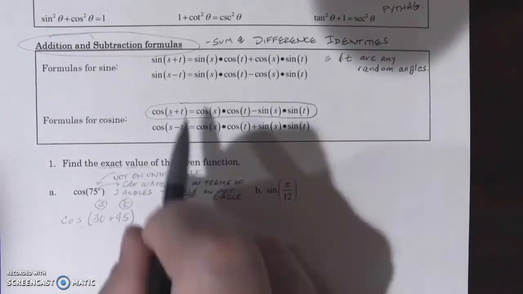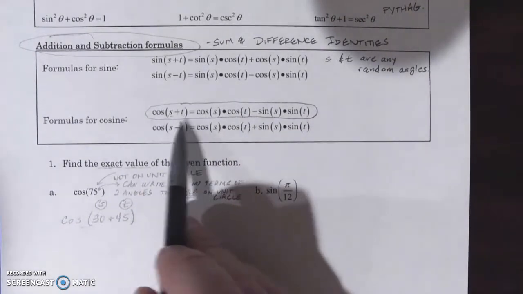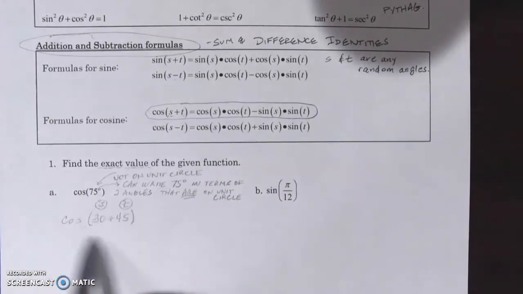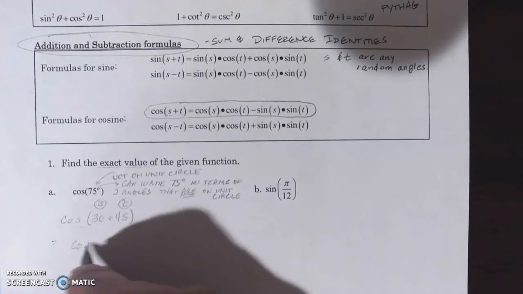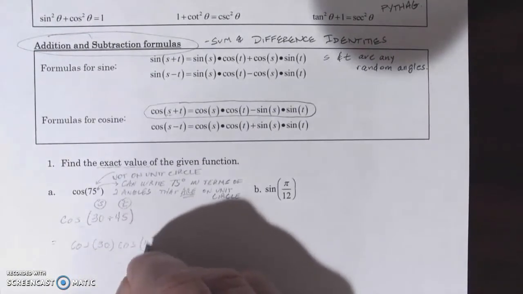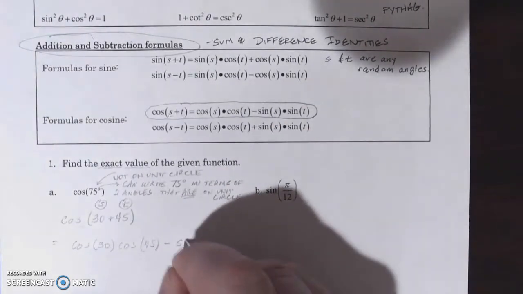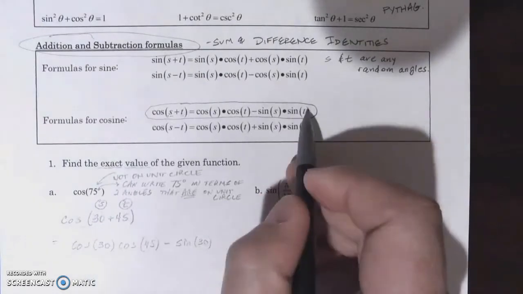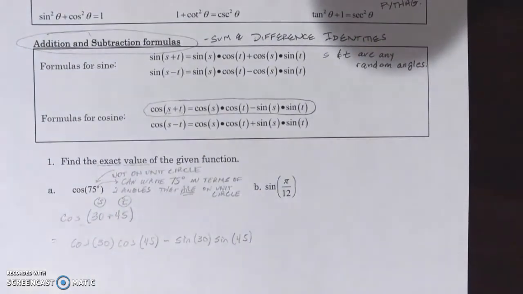Okay? So instead of S's and T's, now that we have an exact problem, we're going to have 30s and 45s. So what is this equal? Well, it's equal to cosine of S, that's 30 in this case, times cosine of T, that's 45 in this problem, minus sine of S, that's 30, sine of T, that's 45 in this problem. Now we actually have something we can evaluate.